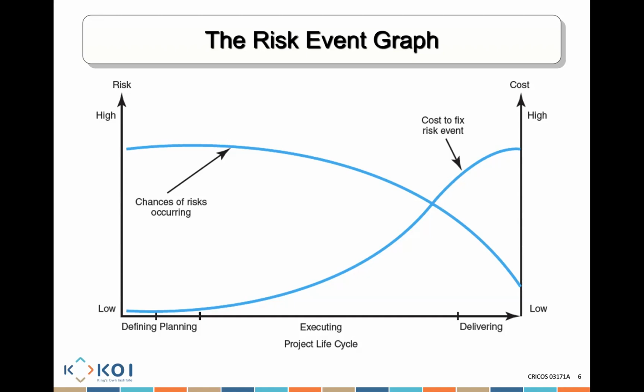So it's very, very important to look at that, deal with things accordingly, and try to manage the risk very, very early on, if you can, to minimize any potential costs associated with any particular item.